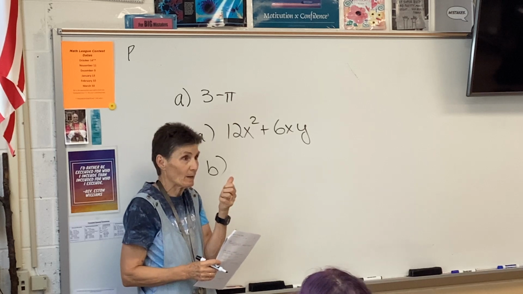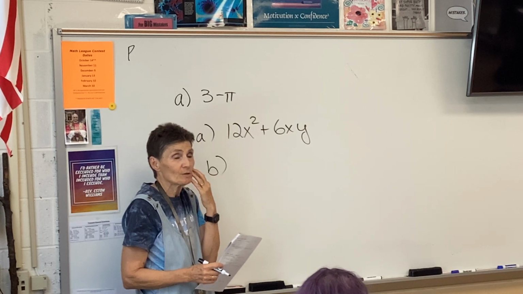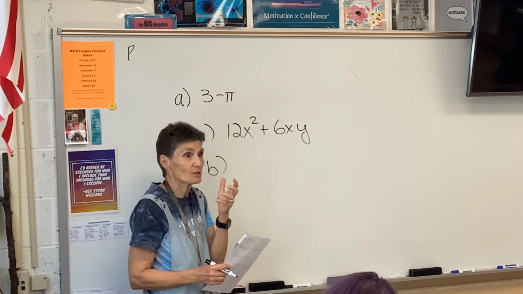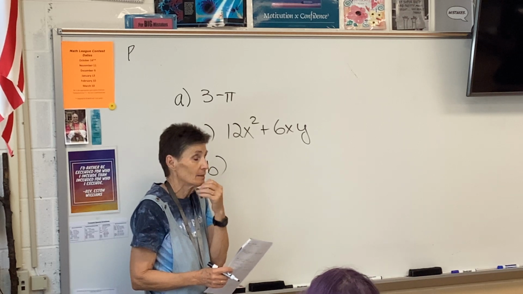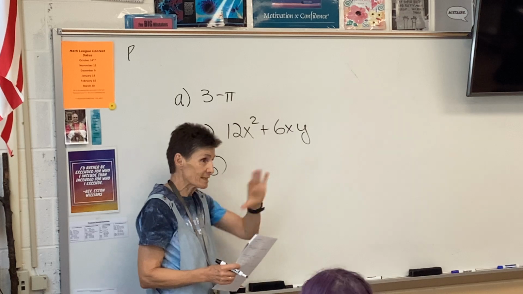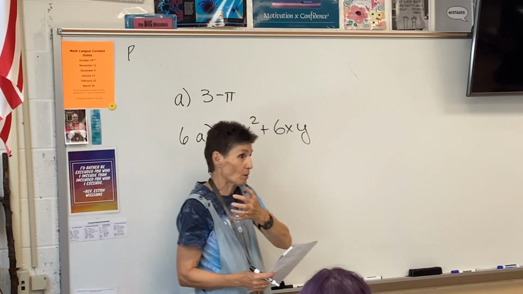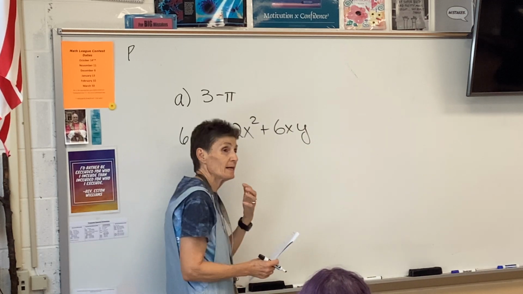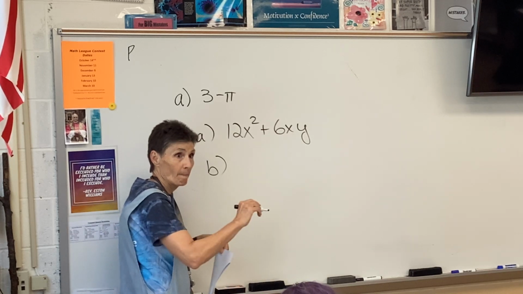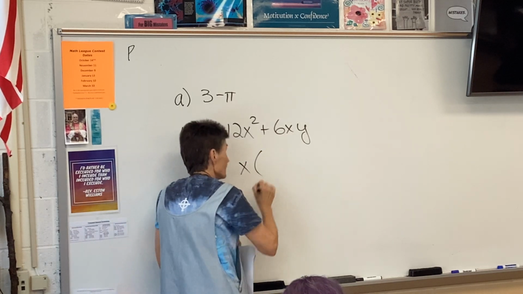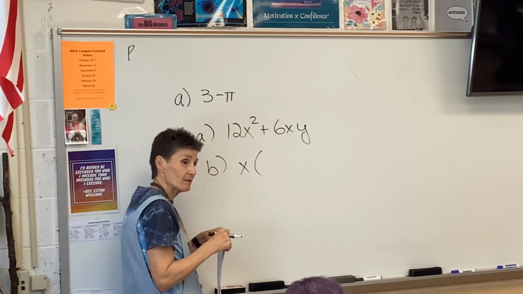B looks different. We're actually going to do the distributive property in reverse, which means we're going to factor it, right? So instead of putting a number in, we're going to pull a number out. So what can I do to factor problem B? Take out an x. And what do I have left if I take out an x, Miss Rutland?